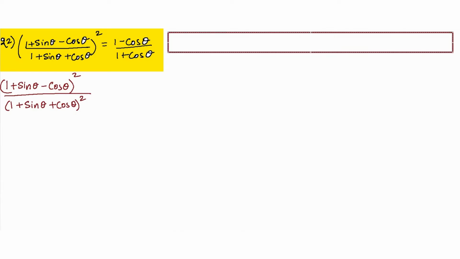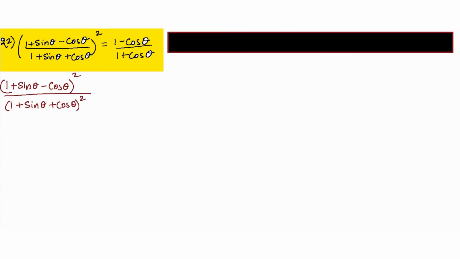So let us write that formula here. A plus b plus c the whole square was given by a square plus b square plus c square plus 2ab plus 2bc plus 2ca. So now I am going to use this formula in both places, numerator as well as denominator.